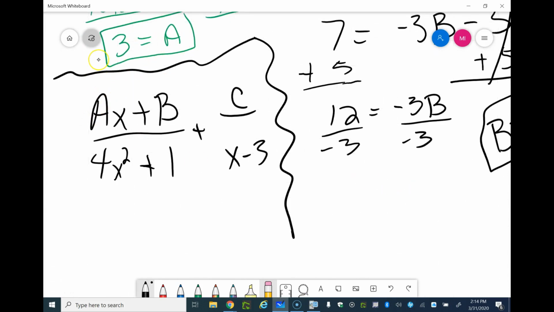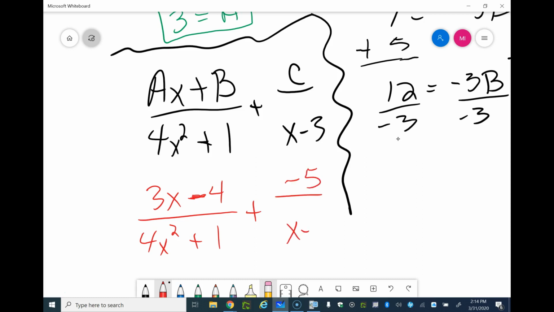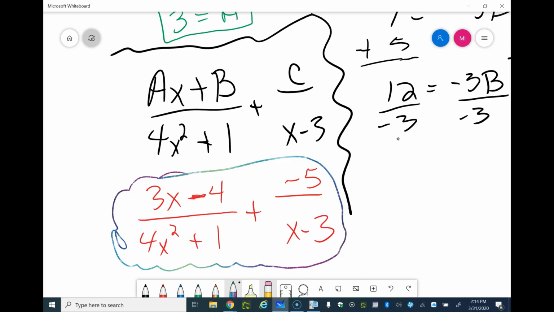My A was equal to 3. So it's going to be 3x plus B. What's my B? That was -4. So I'm going to go ahead and make this a -4, all over 4x squared plus 1, plus C. C was actually equal to -5 over x minus 3. And this will be my final answer for the problem.